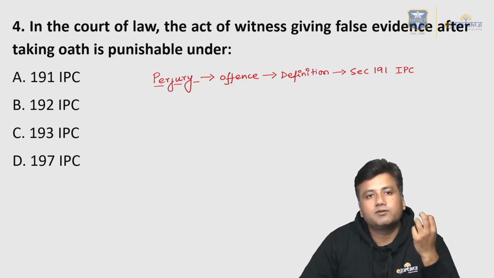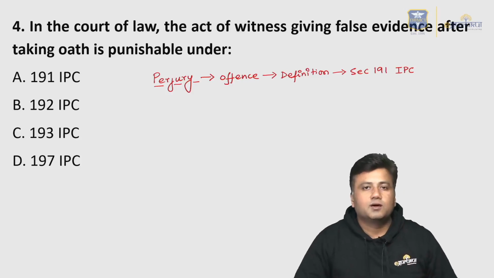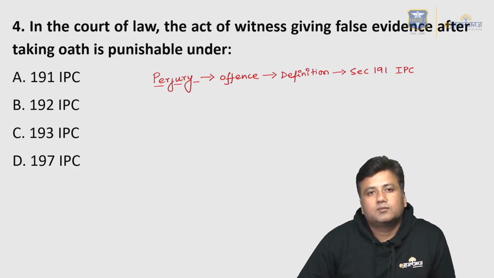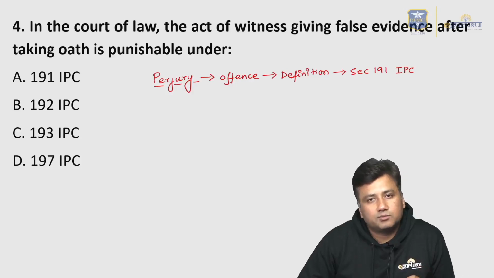What does section 191 of IPC say? It says that in the court of law, while giving evidence, a witness who is under oath, if he gives a false evidence, which means he lies about his evidence, that act is called as perjury.